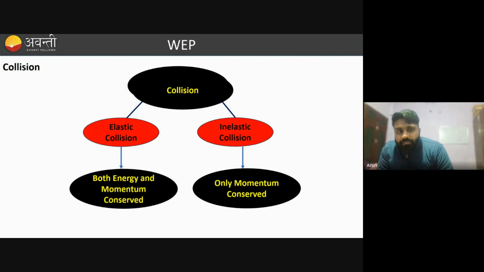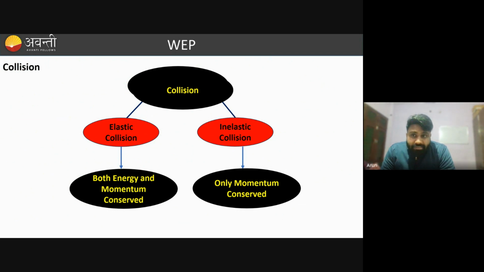Now we will talk a little about collision. Whenever two bodies make contact and after making contact they separate from each other or move in random directions, this process is called collision. We have different types of collision. First of all, elastic collision and inelastic collision.